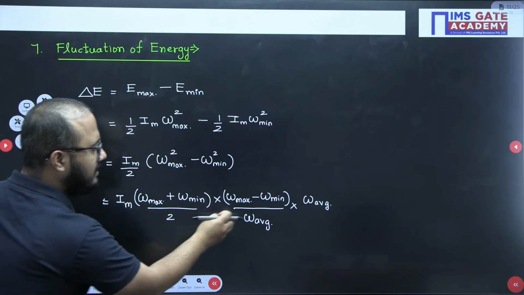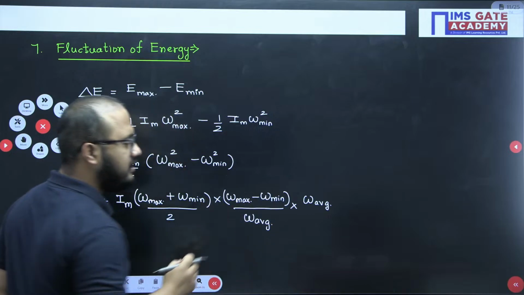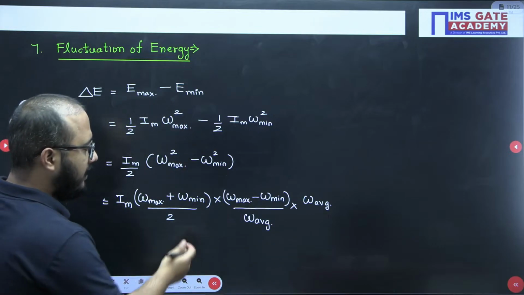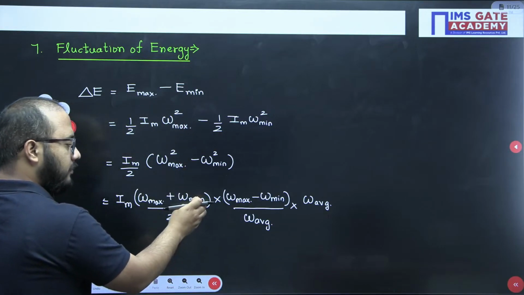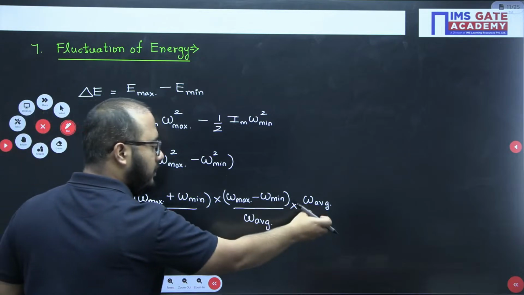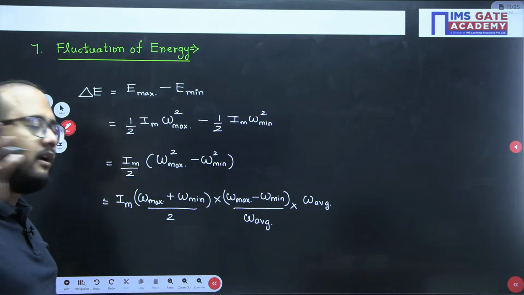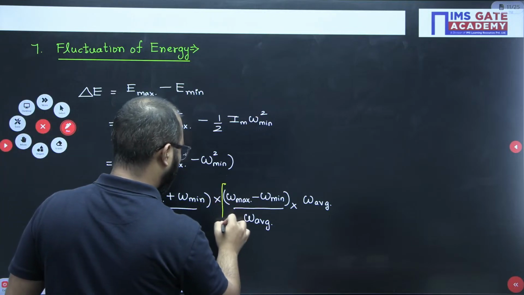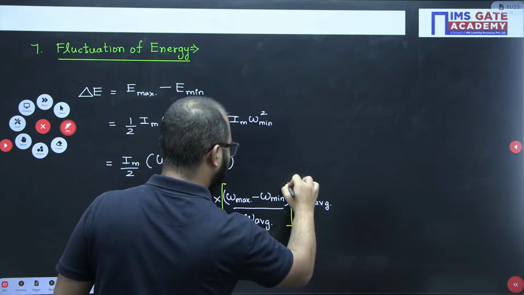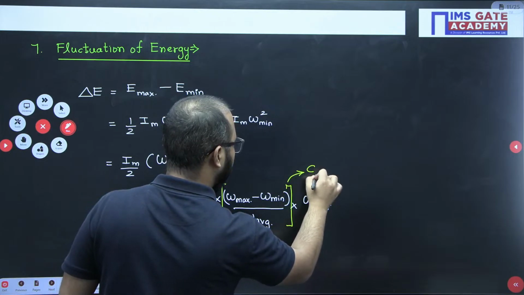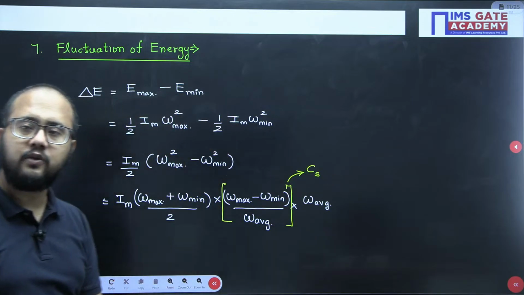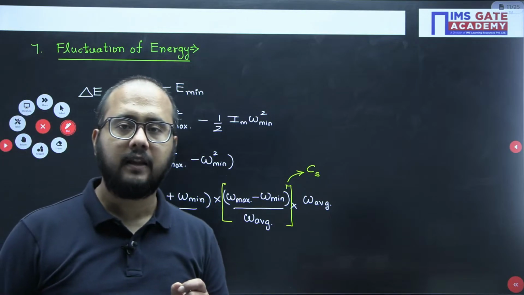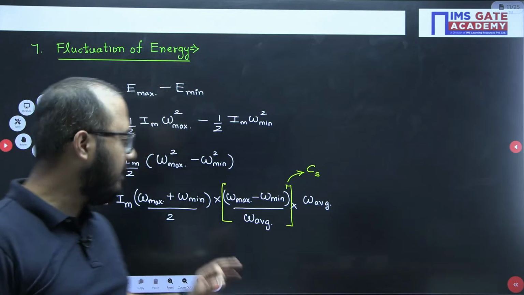So omega max minus omega mean divided by omega average becomes CS, and omega max plus omega mean divided by 2 omega average, and this omega average multiplied gives omega average square. This is the relation we are getting for the coefficient of fluctuation of speed.